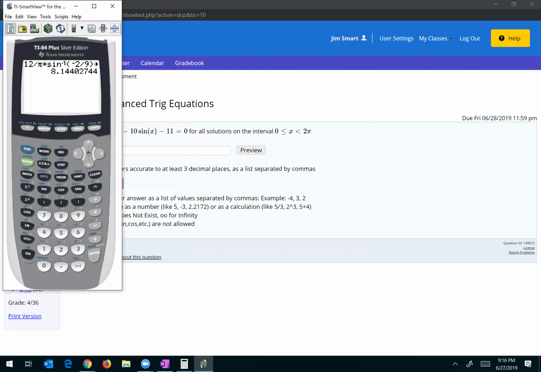Now, the thing is, when I do sine inverse of negative 3/4, I already know I'm going to get a negative angle, because sine inverse spits out either a first quadrant angle or a fourth quadrant angle, and if it's a fourth quadrant angle, it's a negative angle, okay? So the absolute value of this is the reference angle.